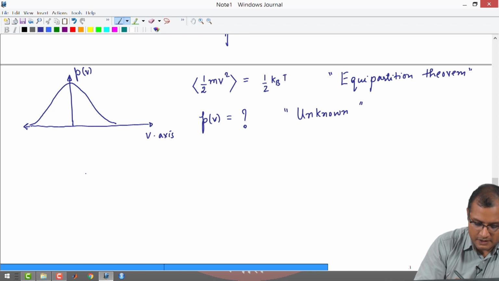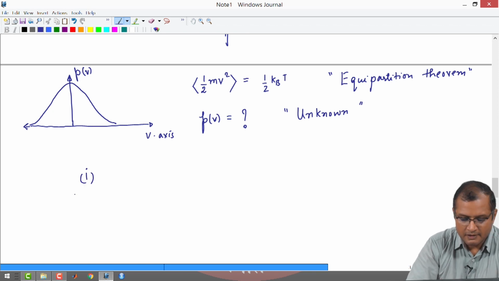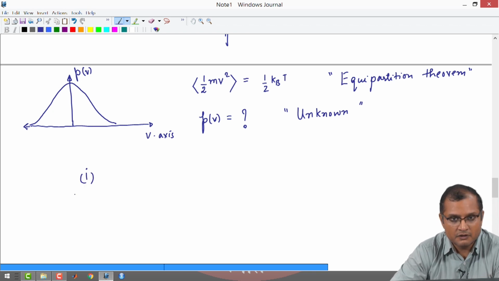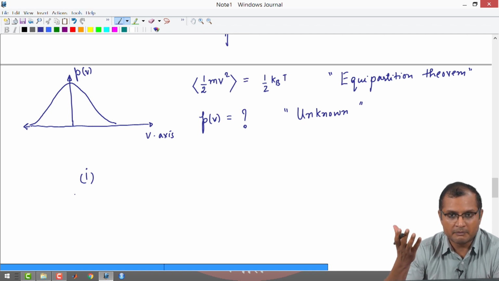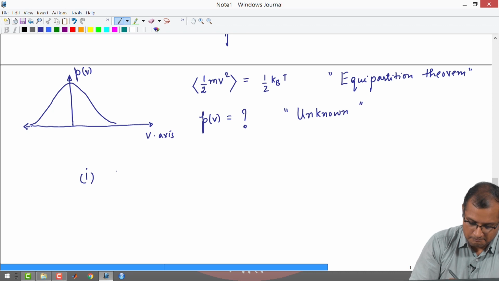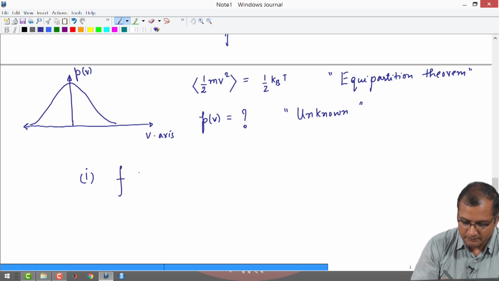Now, what are the ingredients needed for this proof? Well, first I definitely need to know the function that I am going to optimize or maximize, and that function is basically my entropy.